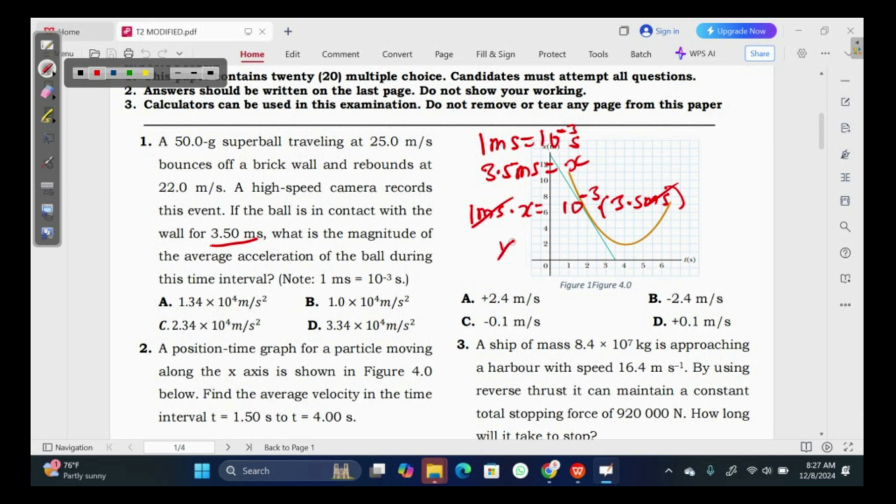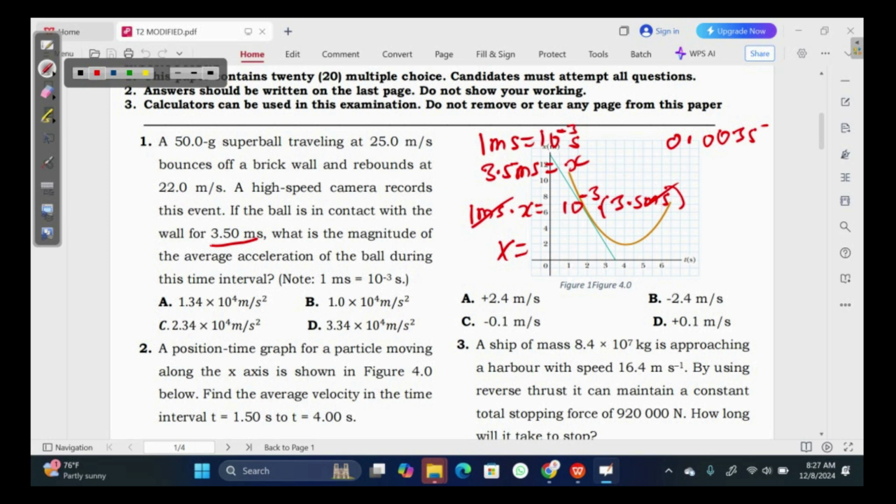So x being equal to 10 to the power negative 3 times 3.5, which is 0.0035.